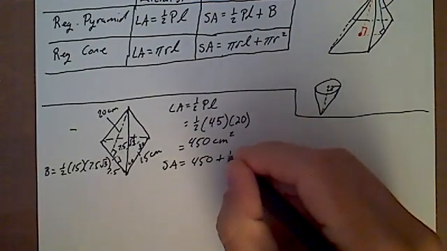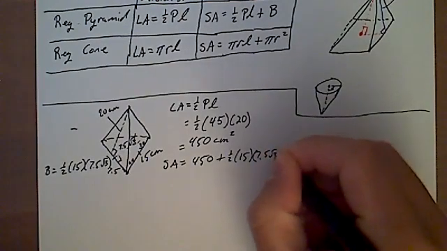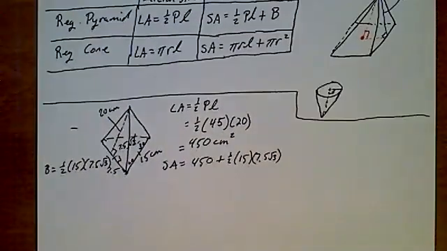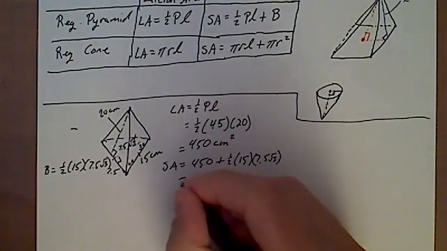So you could say this is 1/2 15 times 7.5 root 3, and just type that in and add them together. And I got 547.4.